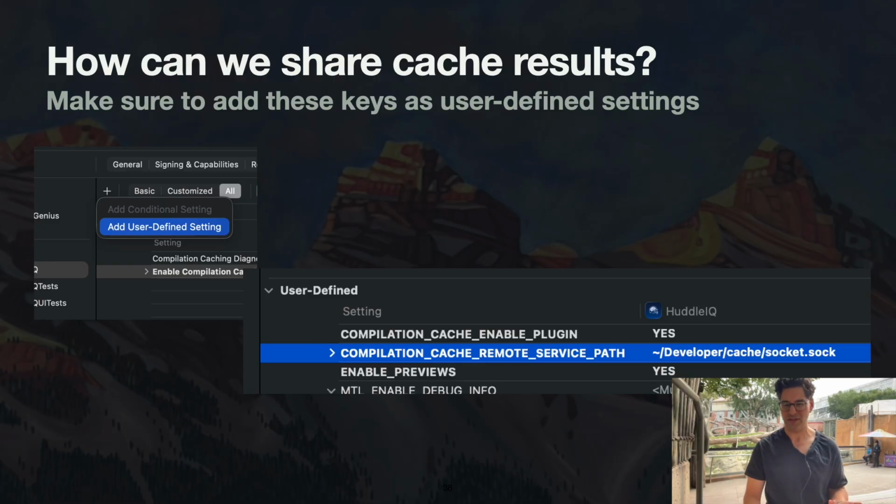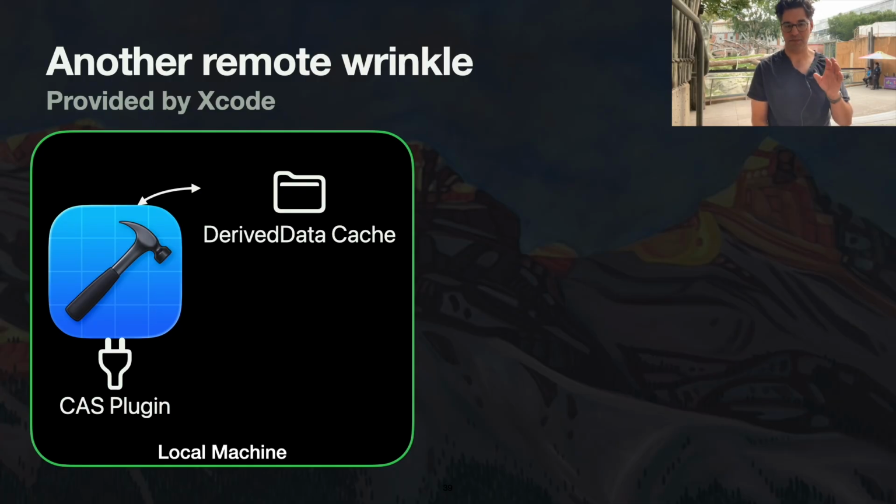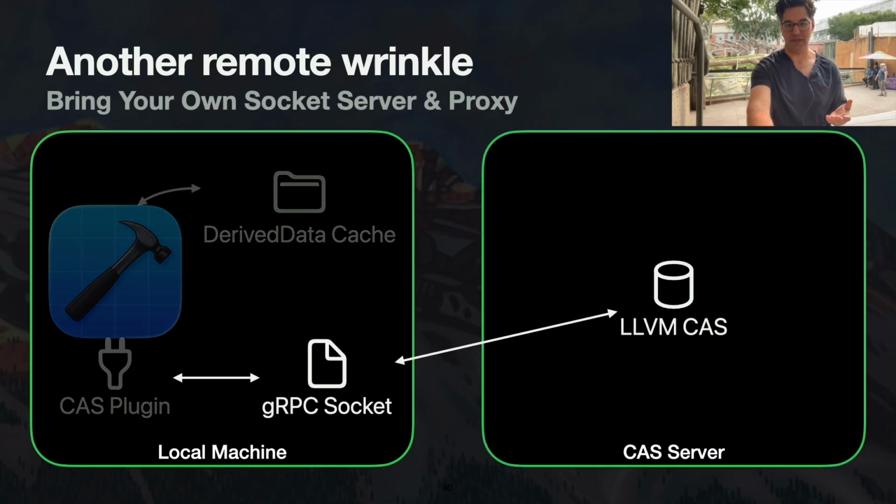And it gets even a little bit trickier, because what you see here is what is provided by Xcode. Everything else in the picture is something you have to bring yourself.